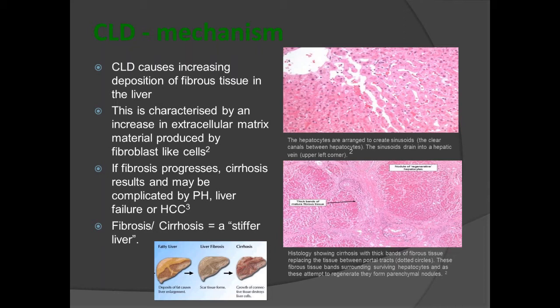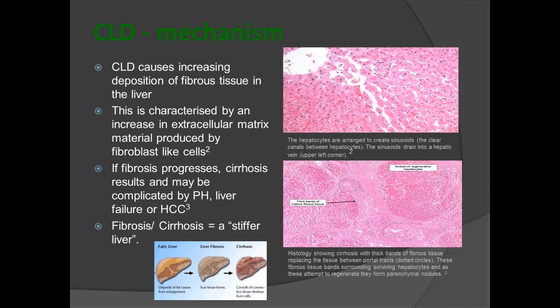Irrespective of the type of chronic liver disease you may acquire, the mechanism for disrupting the hepatic architecture is the same. You get an abnormal increase in collagen deposition and other components of the extracellular matrix in response to chronic injury. As this injury progresses, you get scar tissue and fibrosis, and as fibrosis progresses, you get cirrhosis.